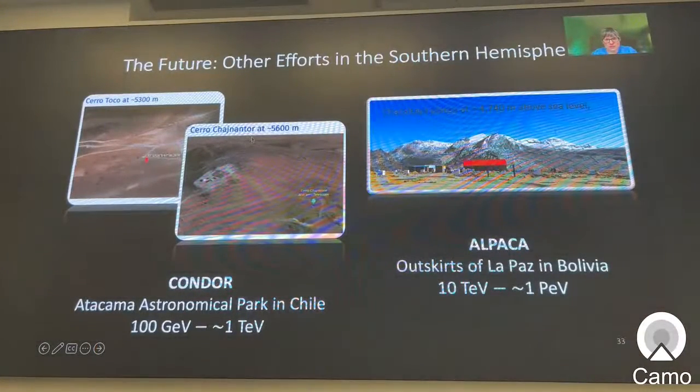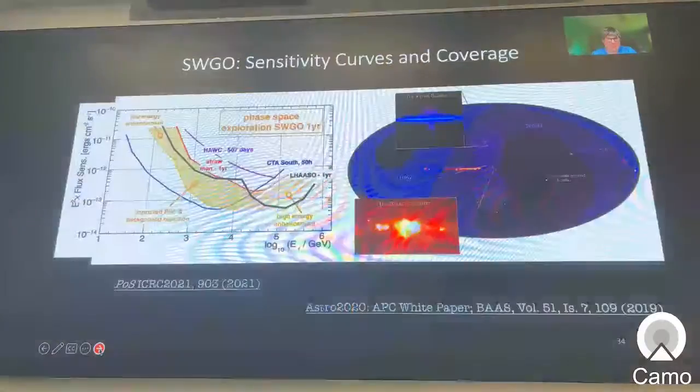I should also mention there are other efforts that have a somewhat separate focus: Condor in Chile and Petra in Bolivia. So really interesting to see.